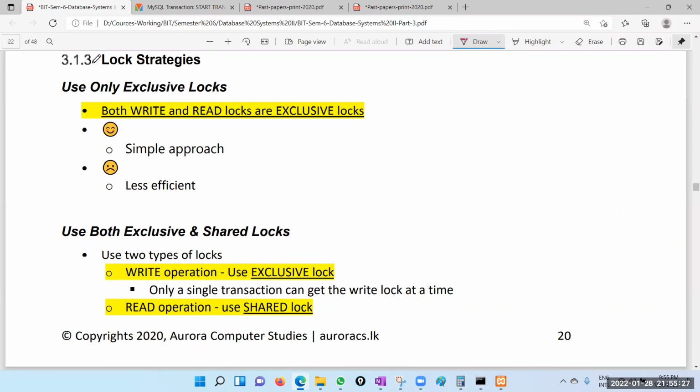That is not a very efficient approach. More practical approach is we use write lock as exclusive lock and read lock as a shared lock. ඔක තමයි ගොඩක් practically කරන්න database එක. හරි write operation එක exclusive lock එකක් තියෙනෝනේ කරන්න. read operation එක කරනවා shared lock එක හමුණා මැති.